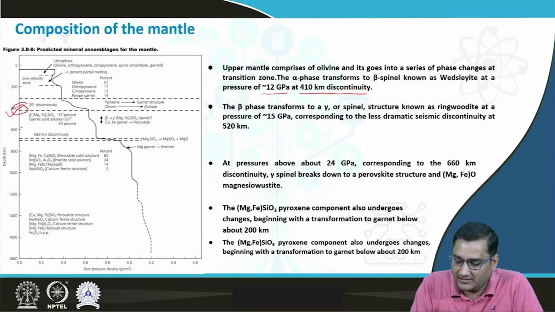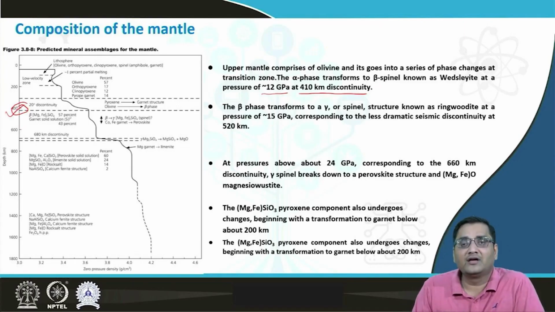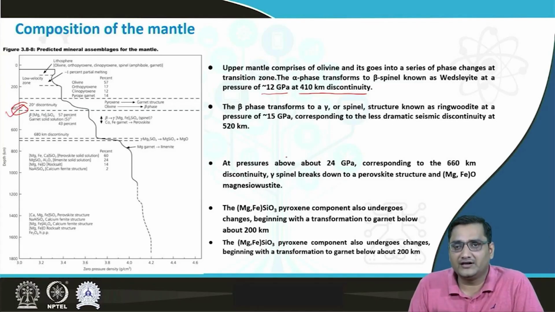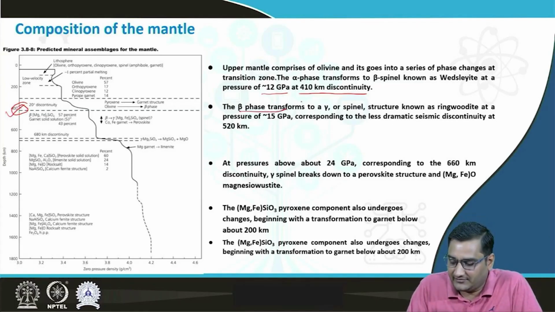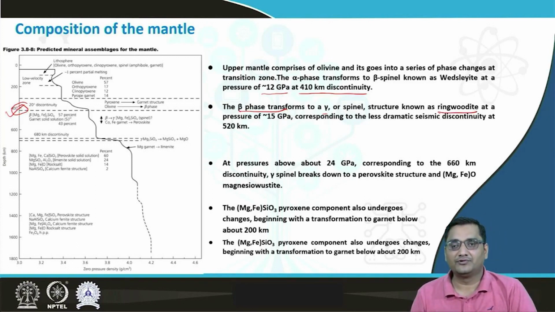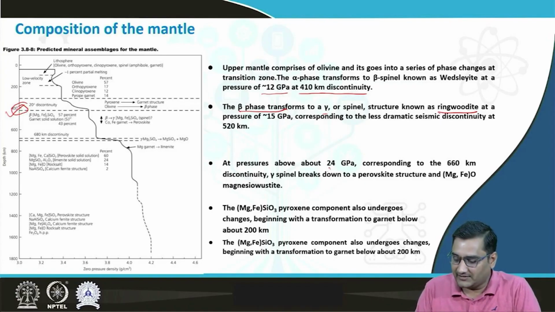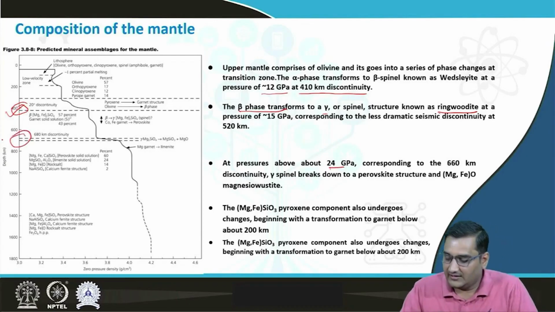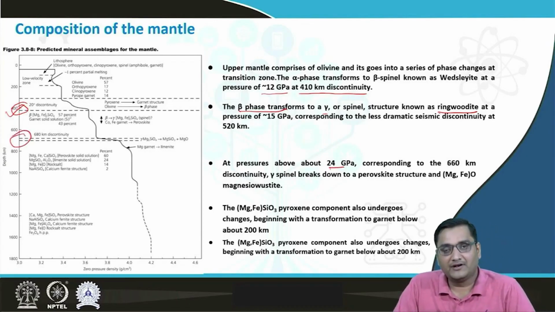Then at the 520 kilometer discontinuity, where the pressure changes to 15 gigapascal, the beta phase transforms to the gamma spinel structure, and that gamma spinel is known as ringwoodite. After that, if you increase the pressure further, at around 24 gigapascal at a depth of the 660 kilometer discontinuity, the gamma spinel breaks down to the perovskite structure, also known as bridgmanite, as I told you.